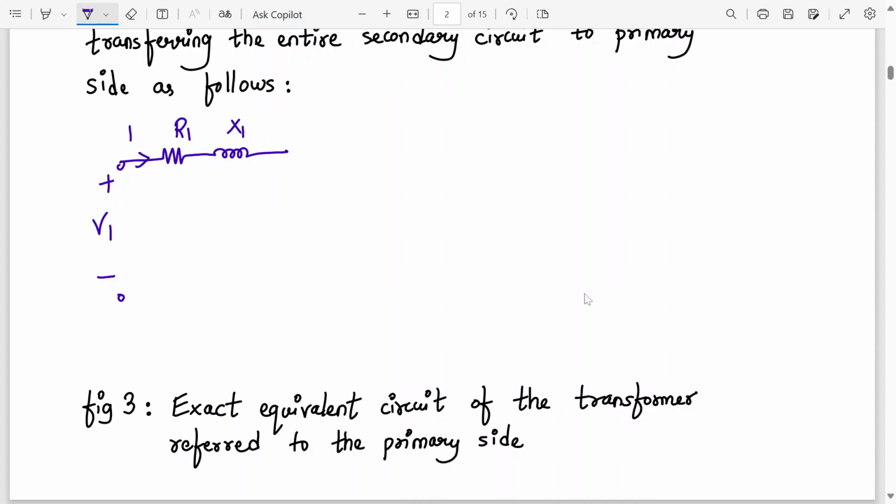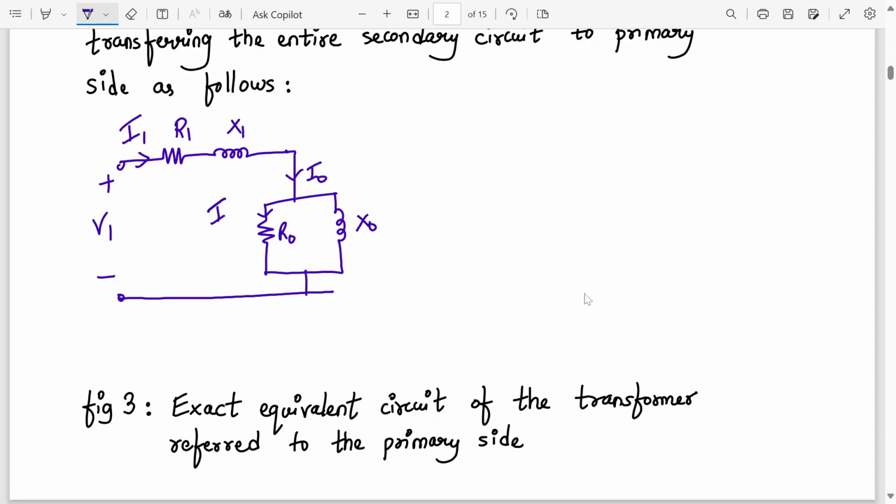This is my primary current I1. Then we have that magnetizing component, and this is R0. This is X0. This is I0 current. Okay, this is IW. So this much is the primary component.